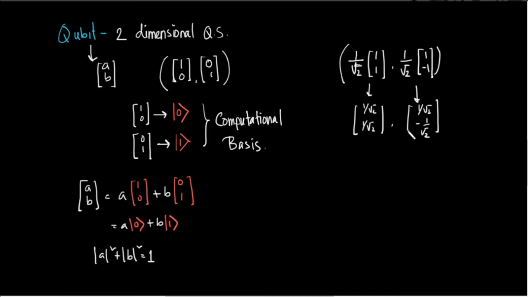So this can also be a basis. It is actually quite easy to show that if you can express any vector AB in this form, then you can also express the same vector AB using these two vectors, 1 1 and 1 minus 1.